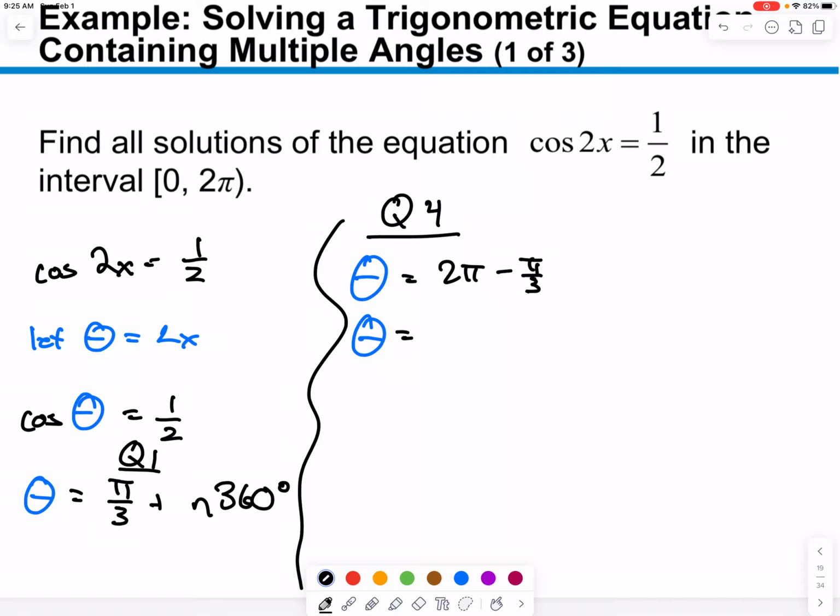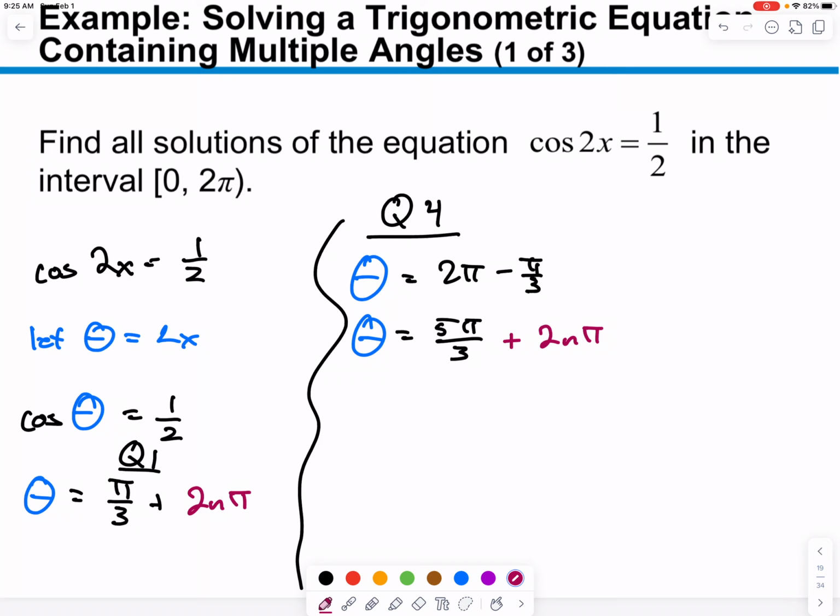That's 6 over 3 minus 1 over 3 to give us 5 pi over 3, okay? And again, that's going to repeat. Oh, why am I doing degrees? That needs to be plus 2n pi radians, right here. Again, plus 2n pi radians, okay? Every 360 it repeats.